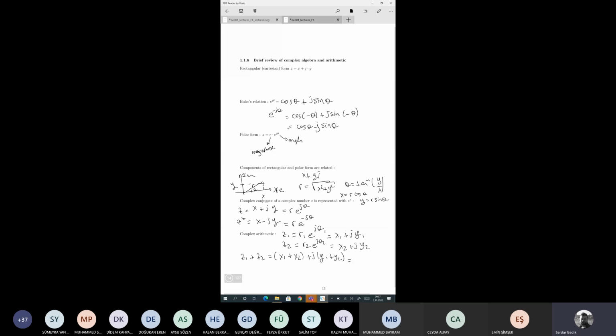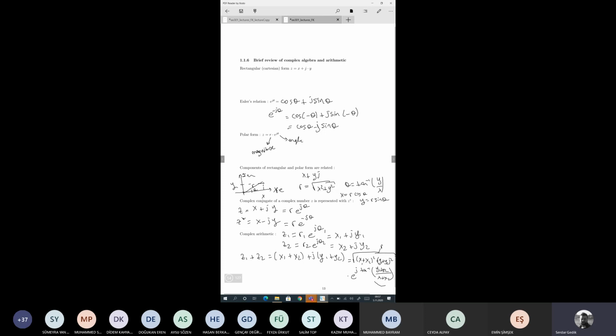If I continue to write this in polar form, this is equal to the square root of x1 plus x2 squared plus y1 plus y2 squared, times e to the power j tangent inverse of y1 plus y2 over x1 plus x2. So this is the radius or magnitude of the new sum, and this is the angle.